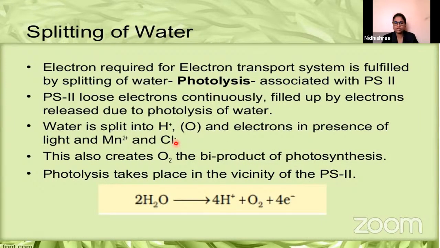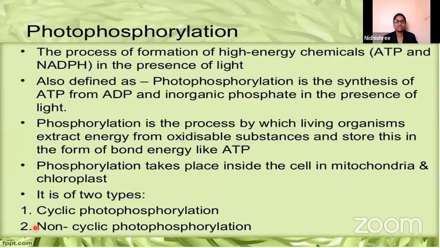This also creates oxygen, the byproduct of photosynthesis. Photolysis takes place in the vicinity of PS2. When do we get oxygen as a byproduct? It is by the photolysis, the splitting of water, that we get oxygen as a byproduct.